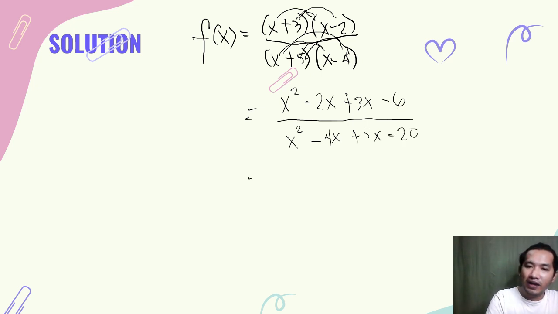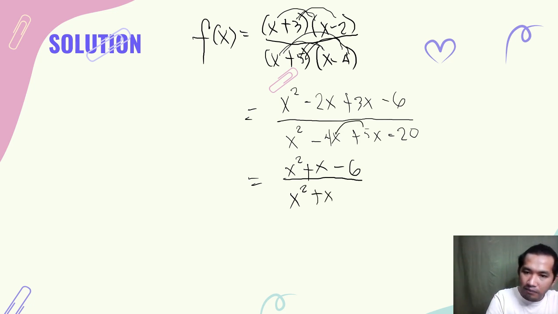Alright, so let's simplify. x squared, negative 2x plus 3x, that is positive x, minus 6, all over x squared, negative 4x plus 5x is positive x, minus 20.